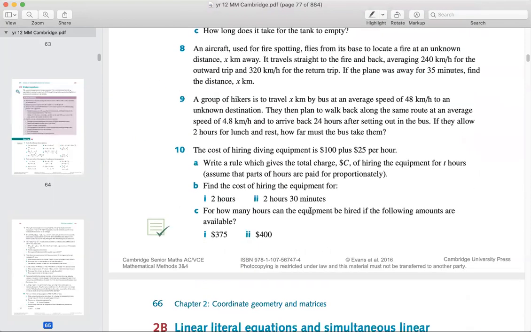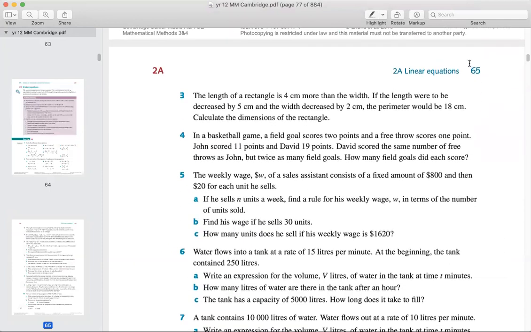Also, for page 65 over here, I highly recommend you do this one as well, because this can lead back to chapter 1, the application of functions. But to be honest, in 2A we stay focused on the application of linear functions. It's always a good start to do this practice, and then we can build our skills to apply our knowledge to more difficult problems.